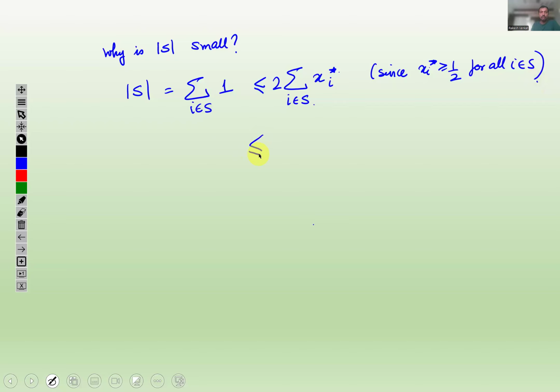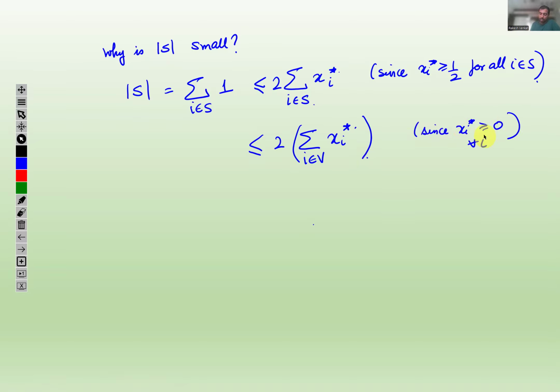And this thing is at most what? Well, now it's easy. This is less than or equal to 2 times the sum over all of xi star, because xi star is greater than or equal to 0. I've just added some more terms over here.